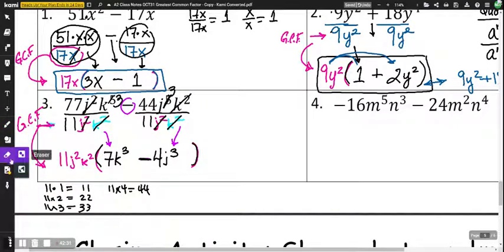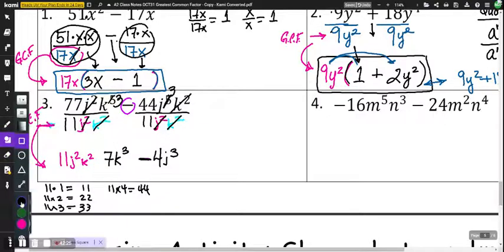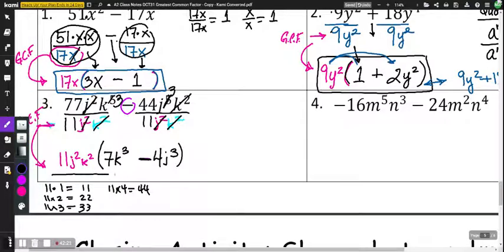So my final answer, it's not really my answer, these are just my factors. My factors are going to be 11j squared times k squared, and this part is my GCF, times 7k to the power of 3 minus 4j to the power of 3.